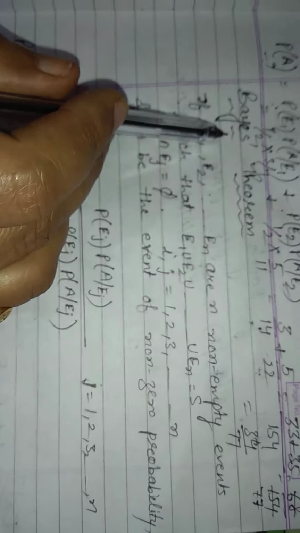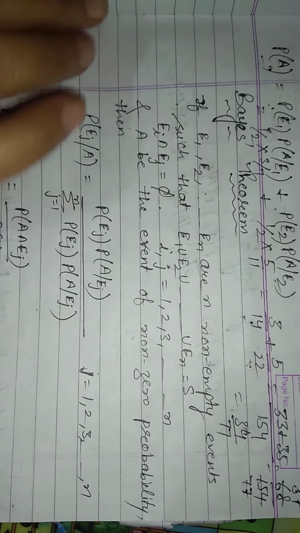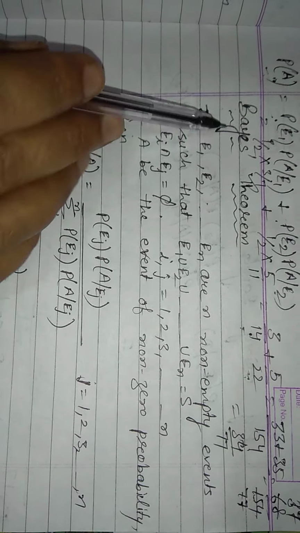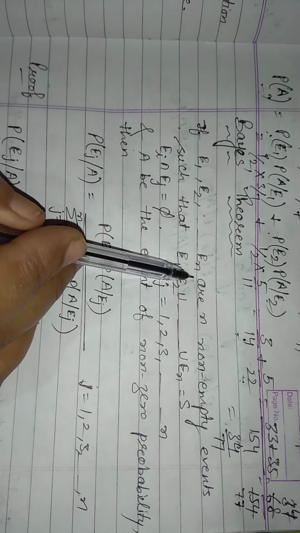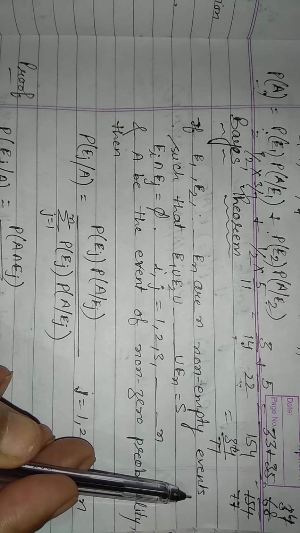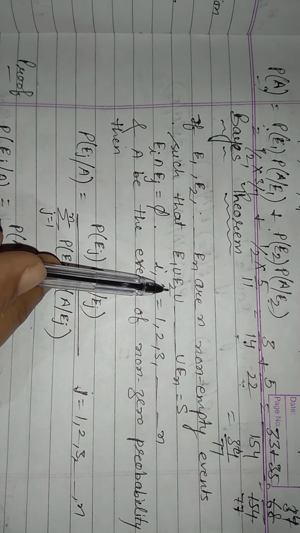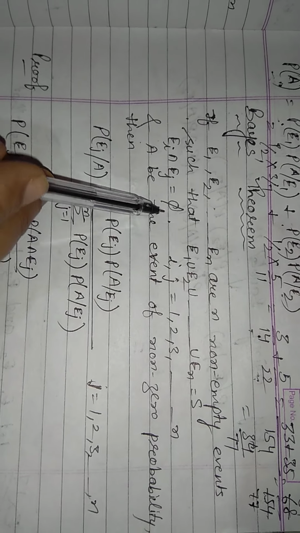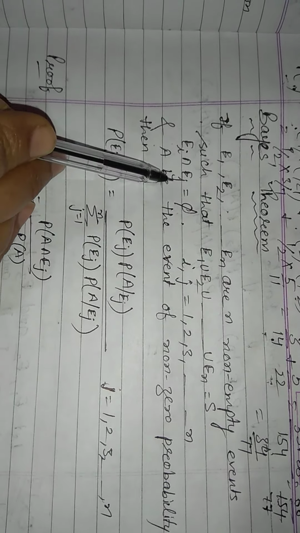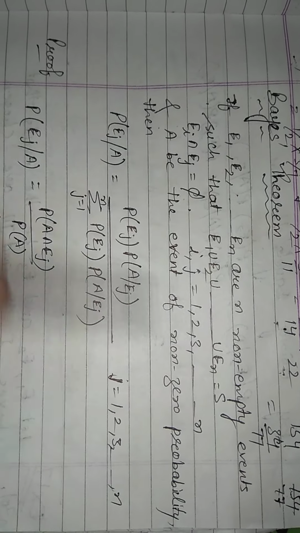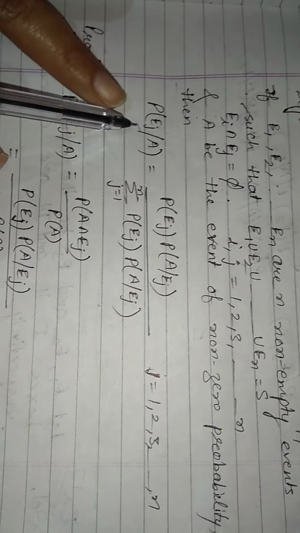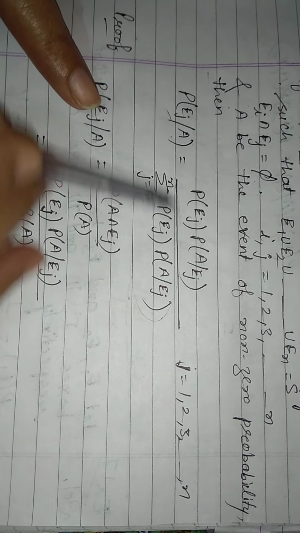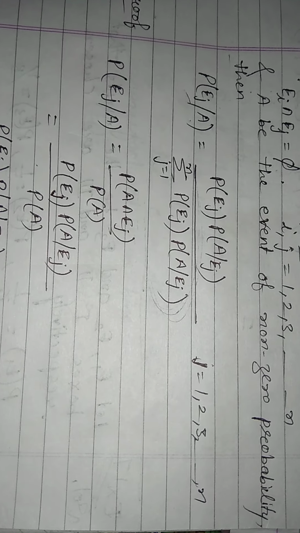Now the next topic is Bayes theorem. What is Bayes theorem? This is related to total probability. If E1, E2, En are n non-empty events such that E1 union E2 union En is equal to the sample space, and Ei intersection Ej is equal to empty set, meaning pairwise these are disjoint, and A is an event of non-zero probability, then P(Ej|A) is equal to P(Ej) into P(A|Ej) upon the total probability, which we have discussed before.